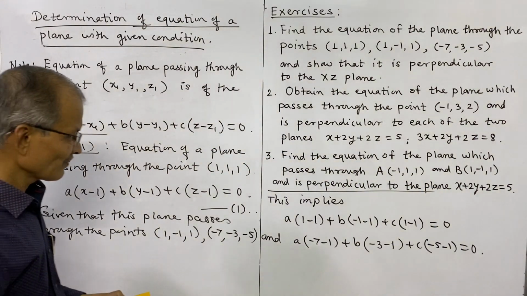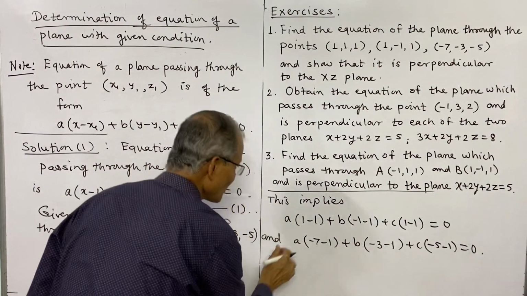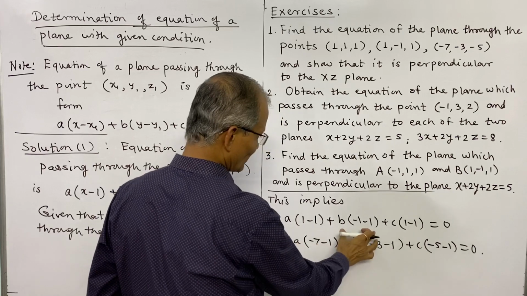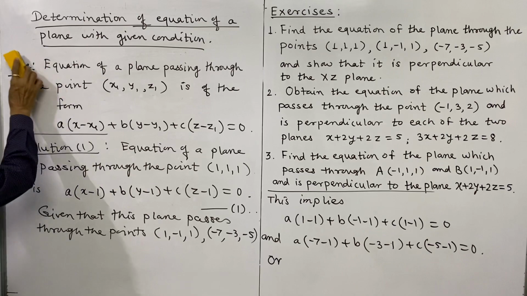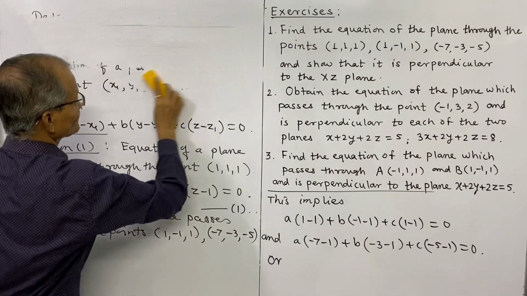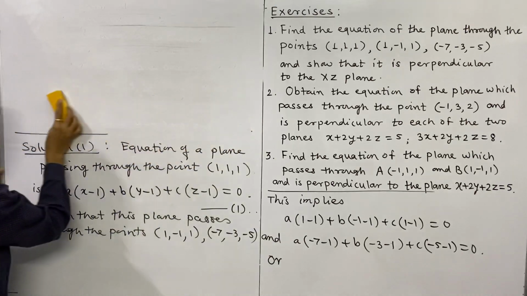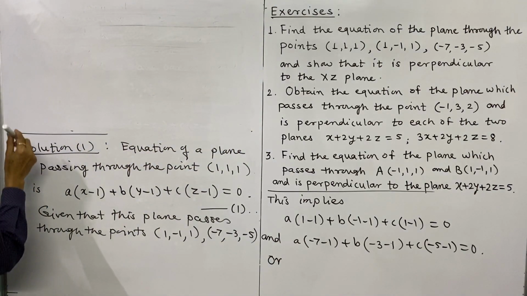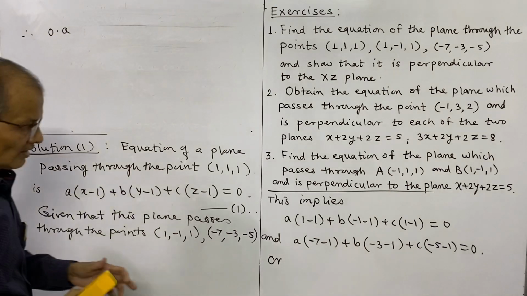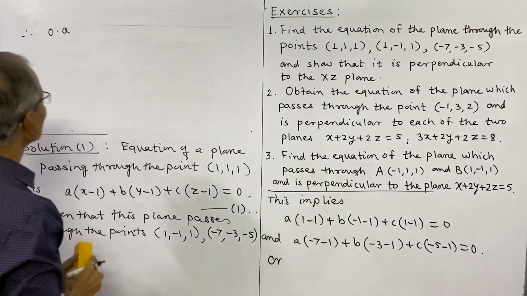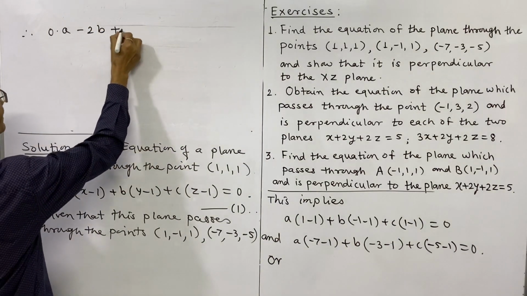So this implies that, so what is this, 0 and this is minus 2 into b. So therefore 0 into a, this is minus 2b and next is plus 0 into c.